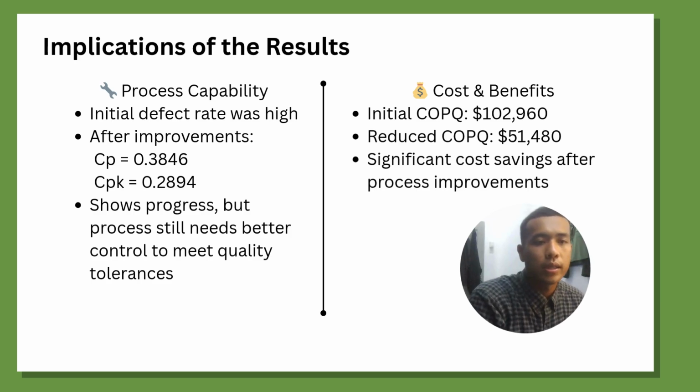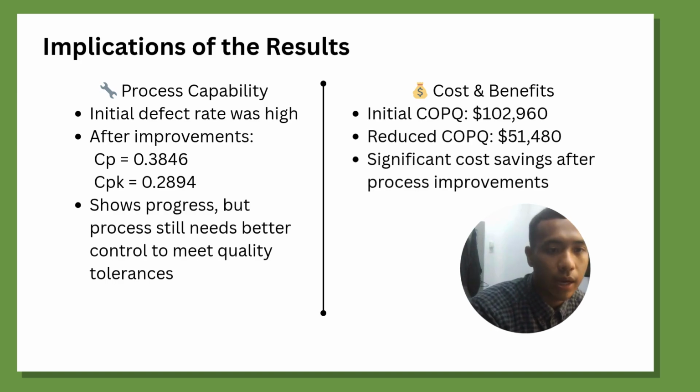Okay, the next slide is implication of the result. There are 2 points. The first one is process capability and cost and benefit. Initially the defect rate was high. After improvement, the CP is 0.343846 and the CPK is 0.2894.